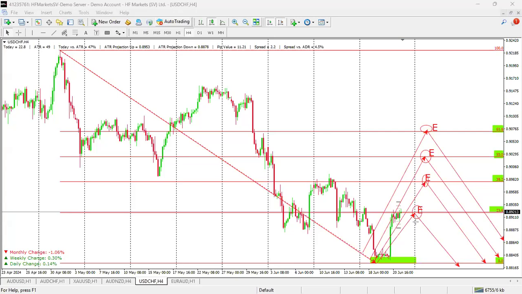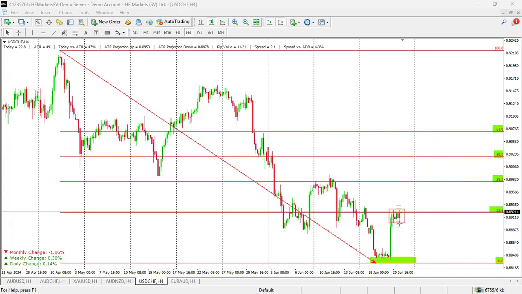Now, 2 things that you should always look for when you want to trade Fibonacci continuations in the market. Number 1, look for elements of price action. For example, this is actually an element of price action.